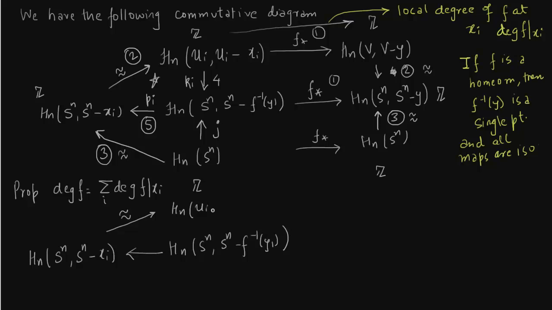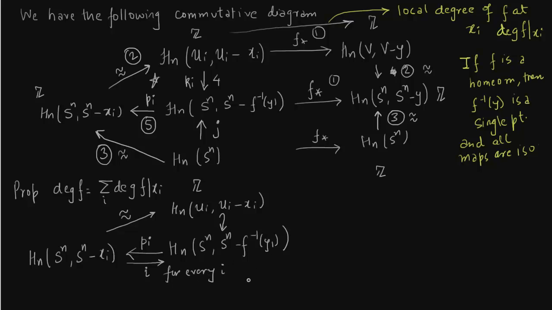And we have an excision and this is an inclusion. So basically the isomorphism says that first you go from (Sn, Sn) via the map pi to (Sn, Sn minus f inverse of y), and so you can get to the map Hn(Sn, Sn minus xi), but then you can again apply the inclusion map from (Ui, Ui minus xi) to go back.